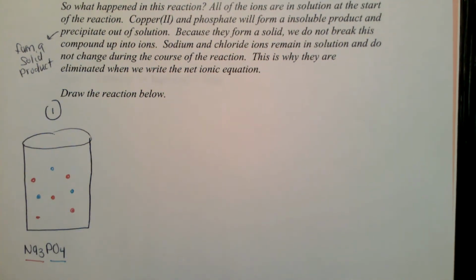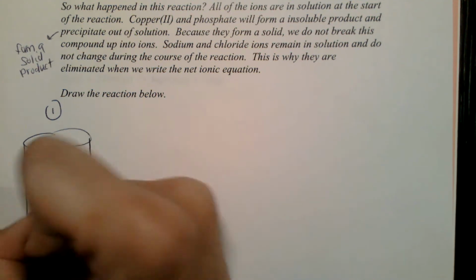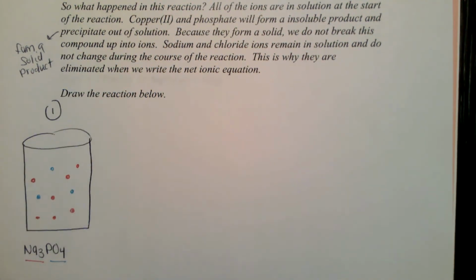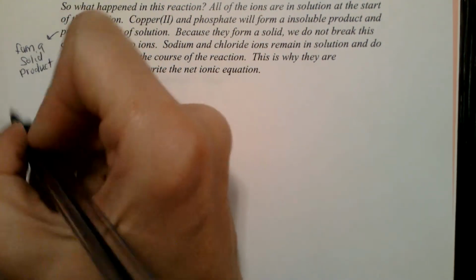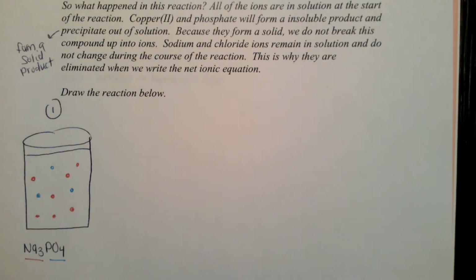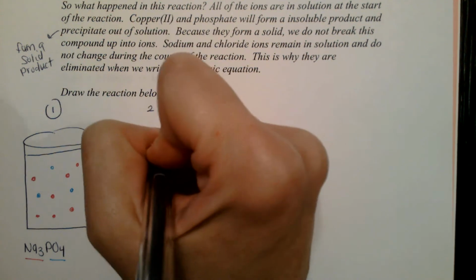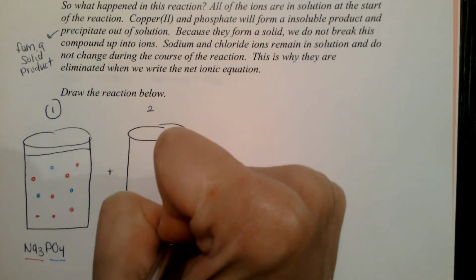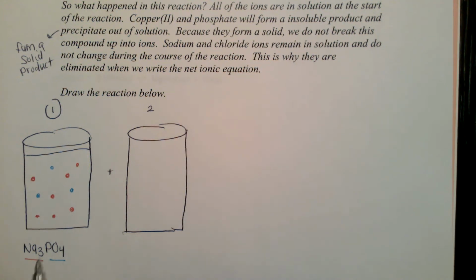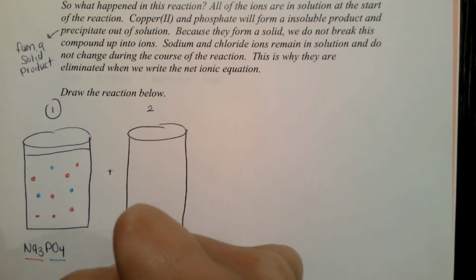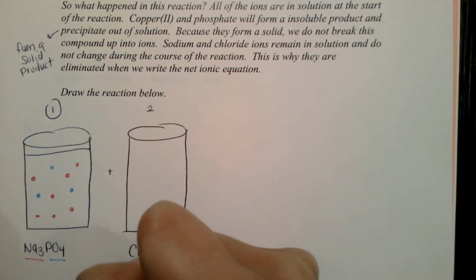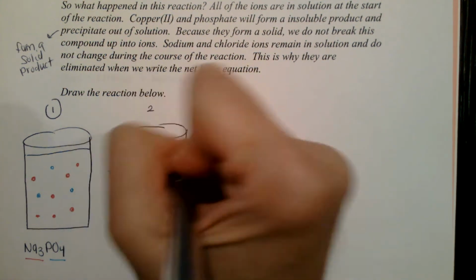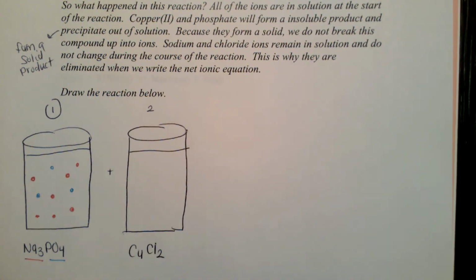Okay, so let me put a couple more in there. So we have ions in solution. In our second beaker, we have CuCl2. Okay, so we'll make the copper this sort of green color.